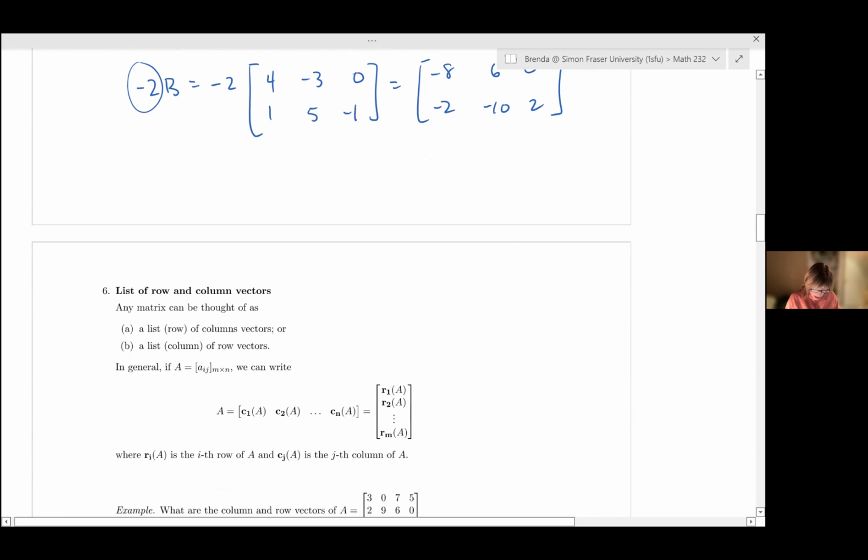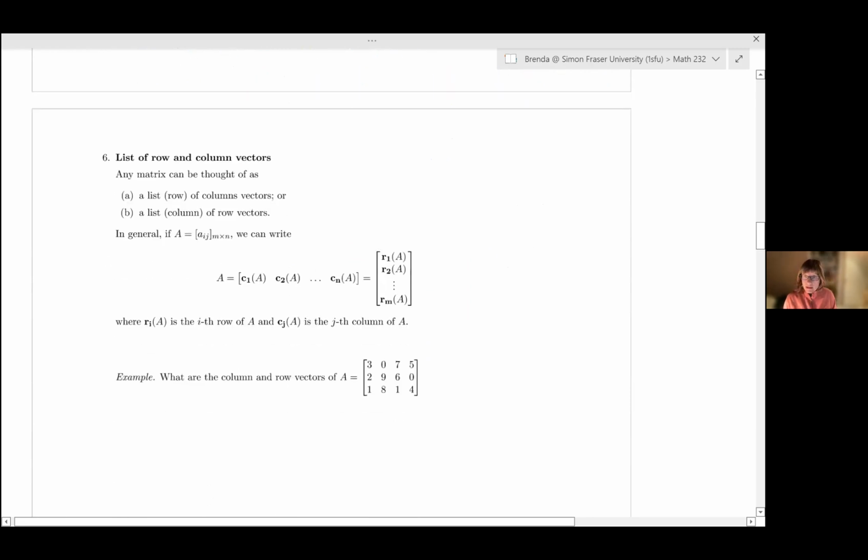Okay, we're going to realize that as we go along, we're going to be thinking of matrices sometimes in different ways. We can think of a matrix as a list of column vectors, or we can think of it as a list of row vectors. What does this mean?